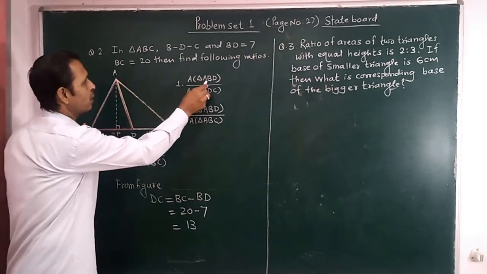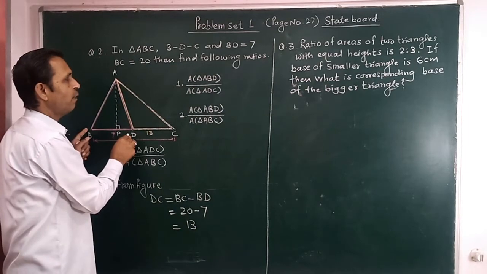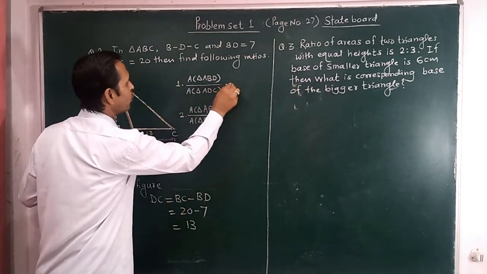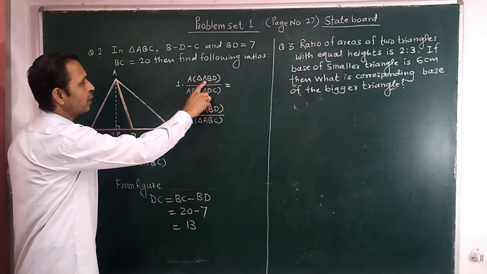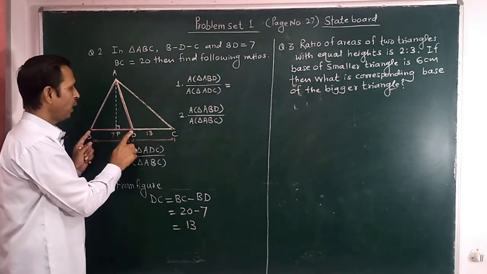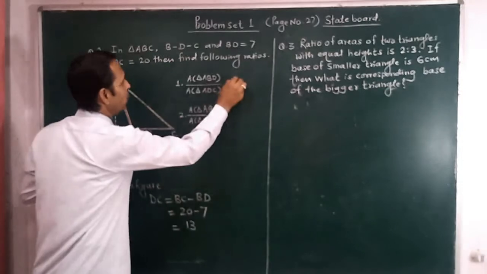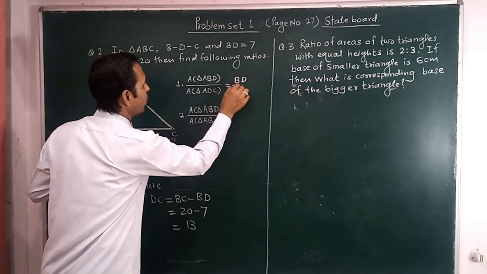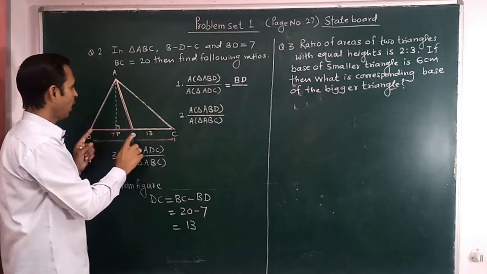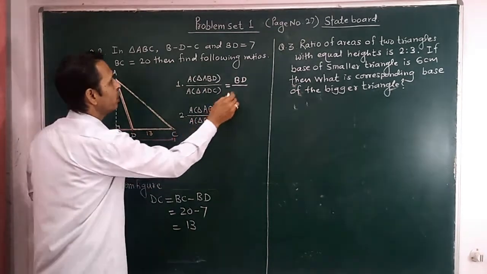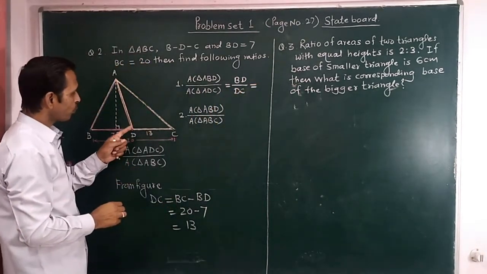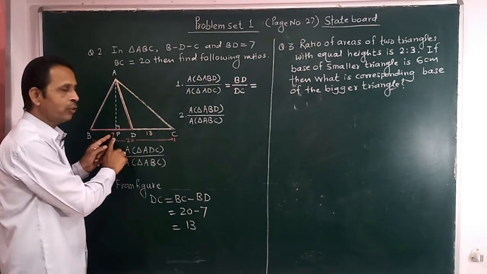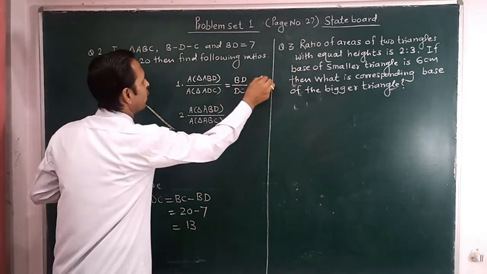These two triangles ABD and ADC have the same height, and that's why we write the ratio equal to the base of triangle ABD, which is BD, and the base of the other triangle ADC is DC. Put the values, 7 upon 13.